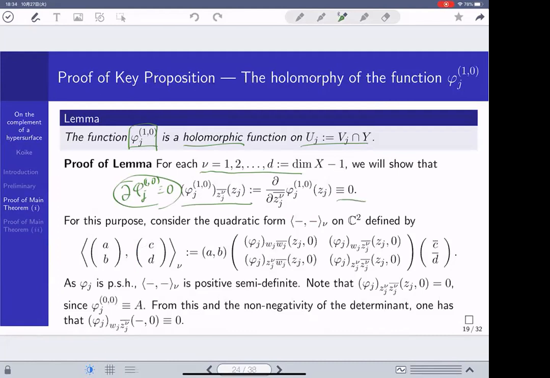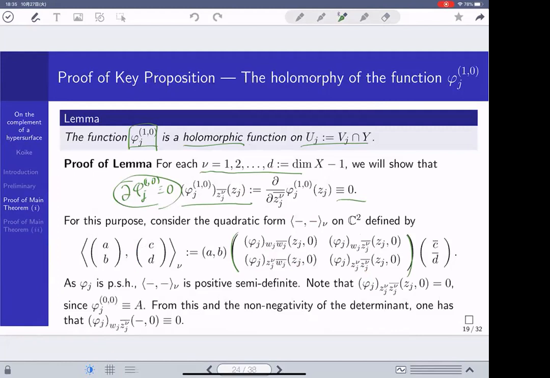For this purpose, consider the quadratic form on C2 defined by this 2 times 2 matrix. It is a special minor matrix of the complex Hessian of phi j: phi j w w bar, phi j w z nu bar, phi j z nu w bar, and phi j z nu z nu bar. Very special minor matrix of the complex Hessian.